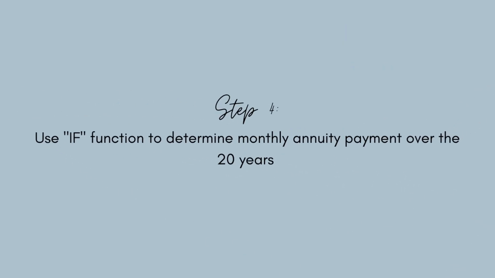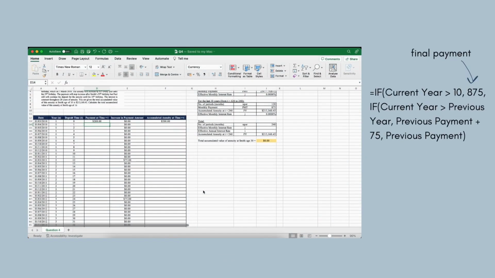Next, we have to use the if function once again to determine the monthly annuity payment over the 20 years. So here we select the cell, select the payment at time t, put in the equal sign, and if, again, just like what I mentioned in the previous step, the final payment will be $875 after year 10.